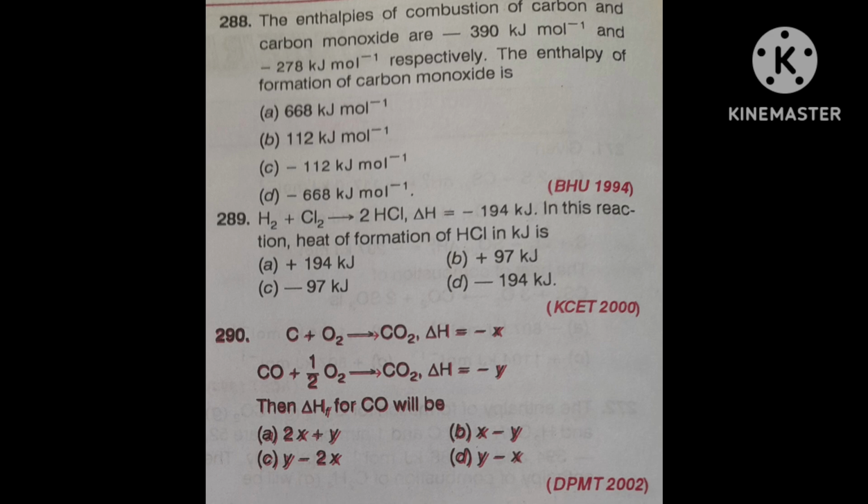Second, plus 112 kilojoule per mole. Third, minus 112 kilojoule per mole. Fourth, minus 668 kilojoule per mole. This question was asked in BHU and you can solve it within 10 seconds.